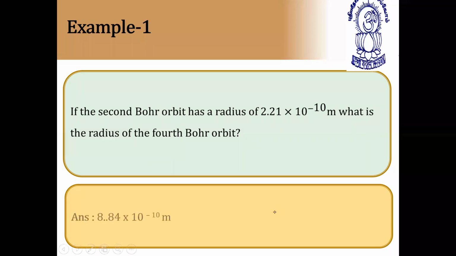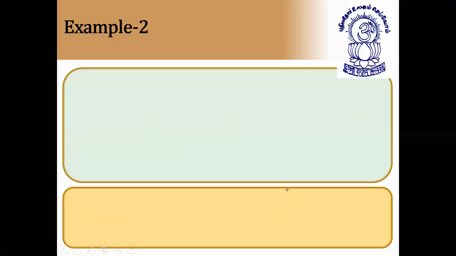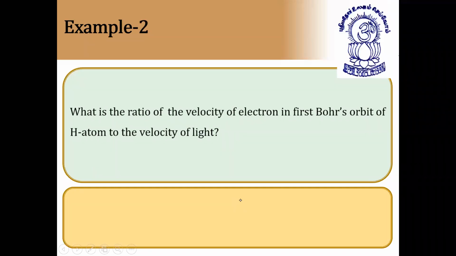Now I'm giving the answer. So 8.48, actually it should be into 10 to the power of minus 10. Next question. What is the ratio of velocity of electron in first orbit of hydrogen atom to the velocity of light?